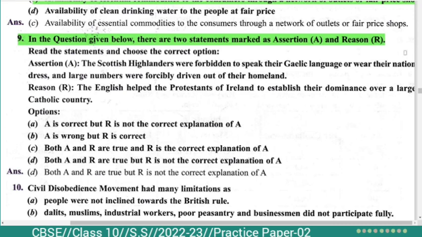Options: A. A is correct but R is not the correct explanation of A. B. A is wrong but R is correct. C. Both A and R are true but R is the correct explanation of A. D. Both A and R are true but R is not the correct explanation of A. Here option D is the right answer, that both A and R are true but R is not the correct explanation of A.